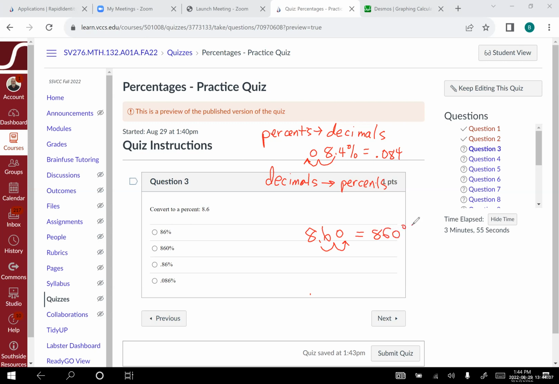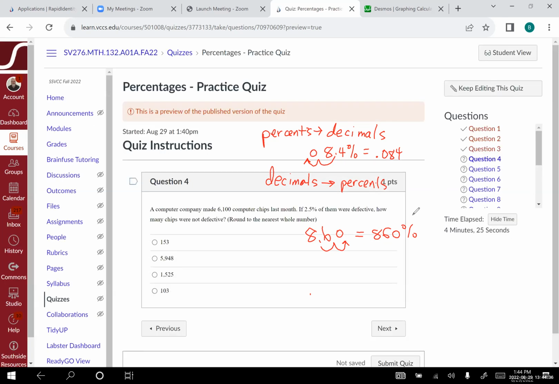Now I know it looks strange sometimes to be over 100%, but it certainly can happen. So don't let it make you think you got it wrong. 860% is correct. And just stop me along the way if you have any questions.